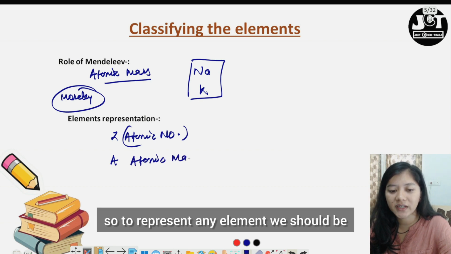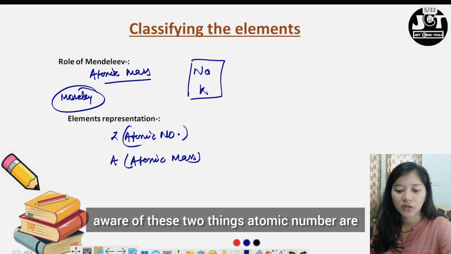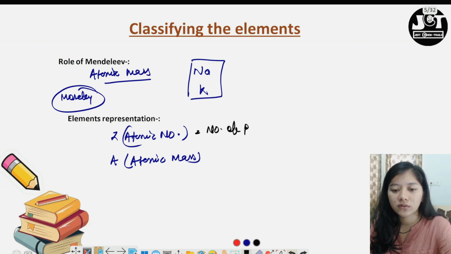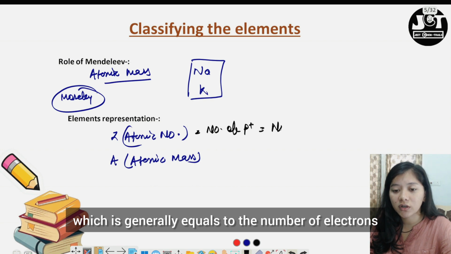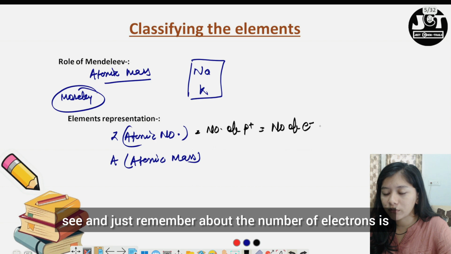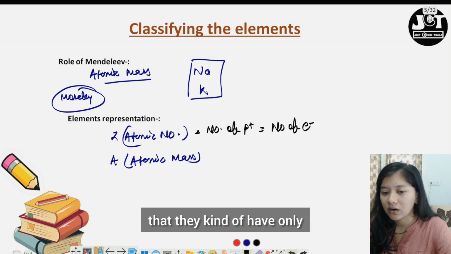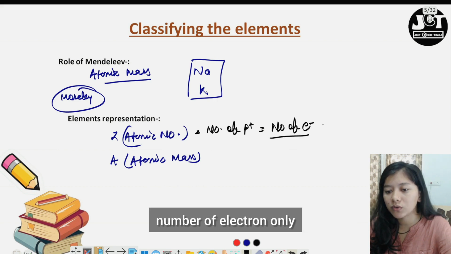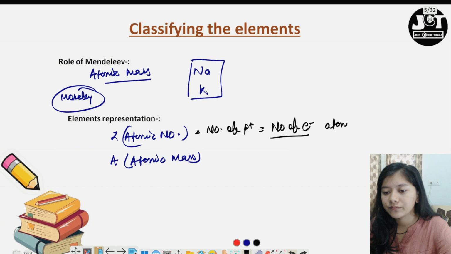So to represent any element, we should be aware of these two things. The atomic number is the number of protons, which is generally equal to the number of electrons. Just remember, the number of protons equals the number of electrons only when the atom is neutral.